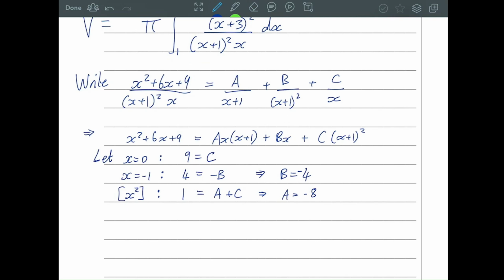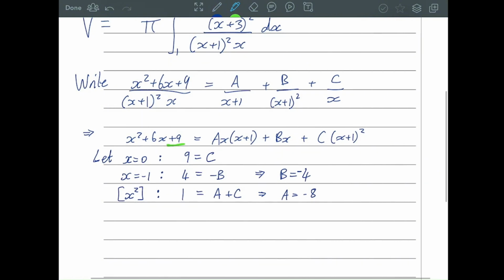And so I'm sufficiently unsure that I do want to check a little bit more. If I look at the constant term, the constant is just going to be plus 9, which is actually what I got from just using x as 0, so that's not a helpful one to check.